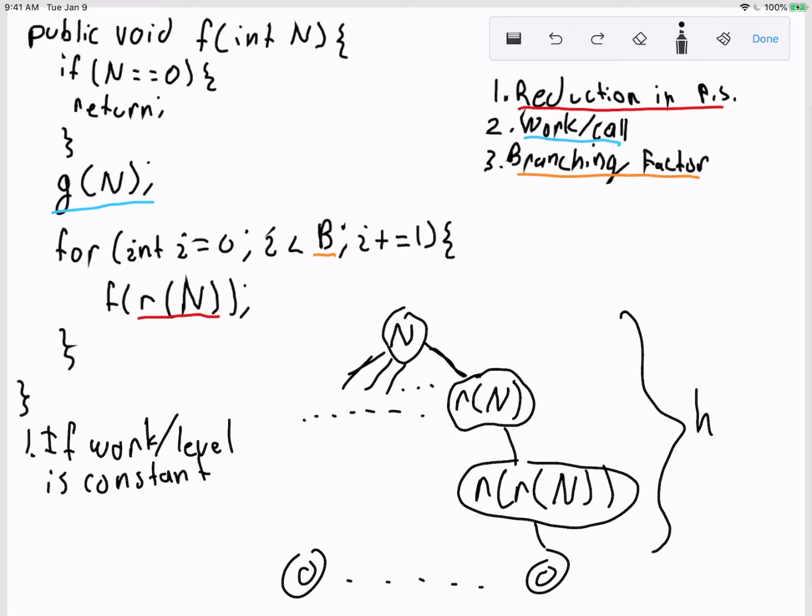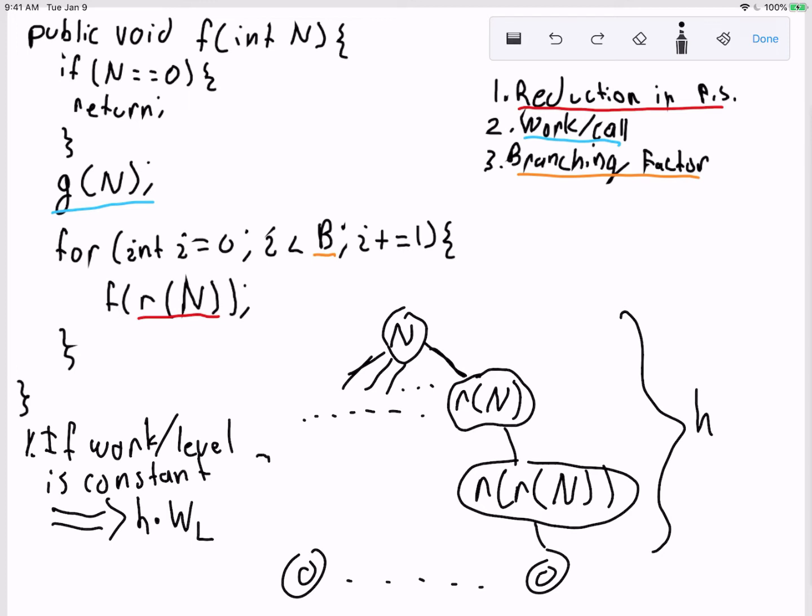Okay, so if work per level is constant, then what should you do? You should do h times WL, where WL is the work per level, which we just said was constant, right? For number 1, work per level is constant. Okay, so in that case, you should do h times WL. And why does that make sense?